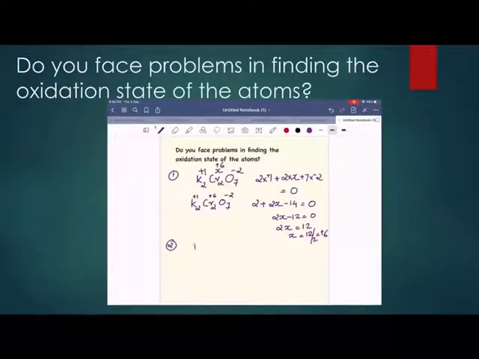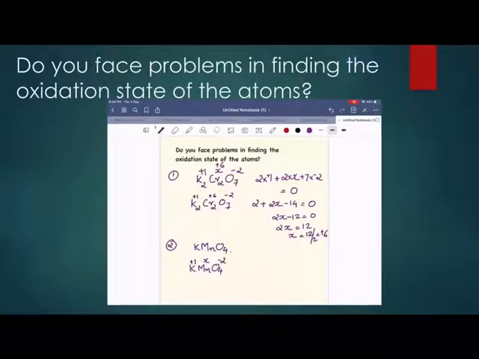Second example, potassium permanganate, a famous oxidizing agent. How to find the oxidation state of all the atoms? Potassium, an alkali metal, is +1, oxygen is -2, and manganese we don't know because it is a transition metal.